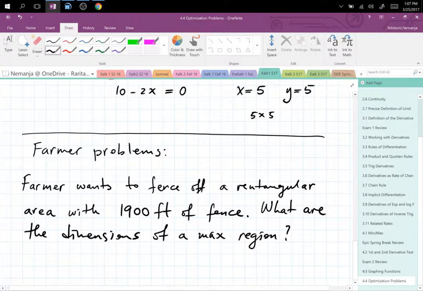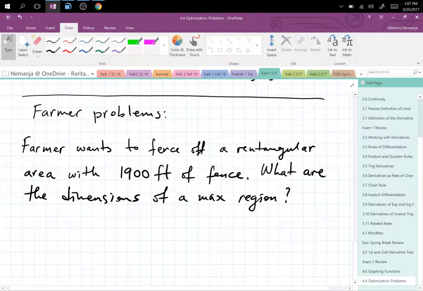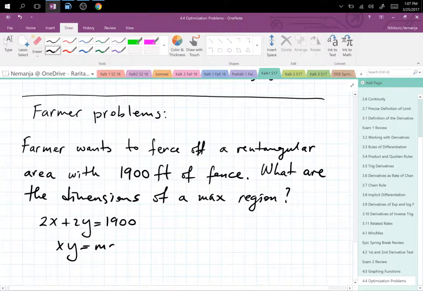So we know it's a rectangle, right? This is an identical problem like up there. I'm not going to solve it. I'm just going to tell you that 2x plus 2y is equal to 1900, right? XY is a max, and the whole thing is same as above. You just have different numbers.